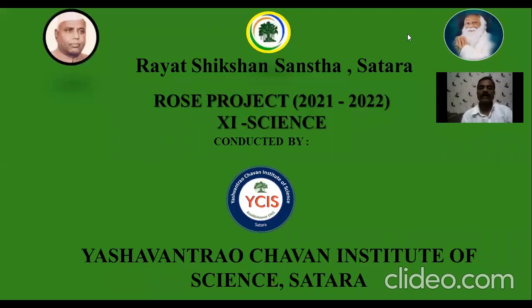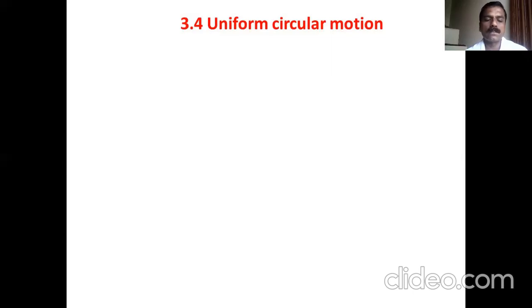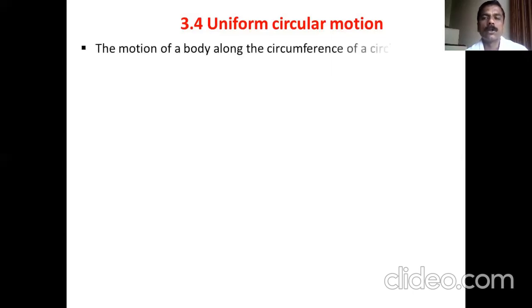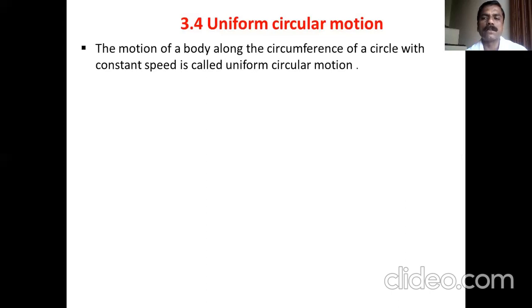Good morning, friends. In this lecture, we are going to discuss uniform circular motion and study it in detail. We know circular motion is when a body moves along the circumference of a circle.